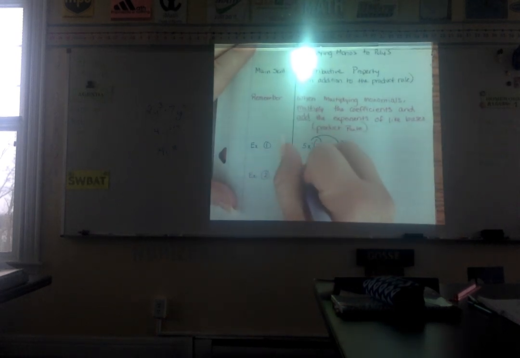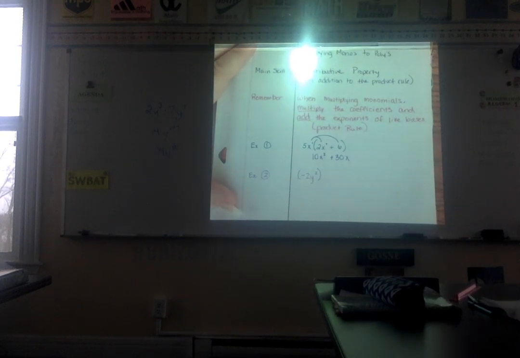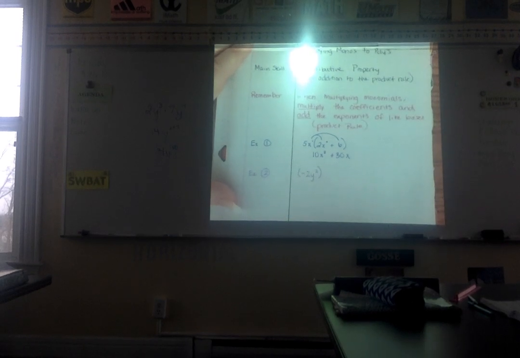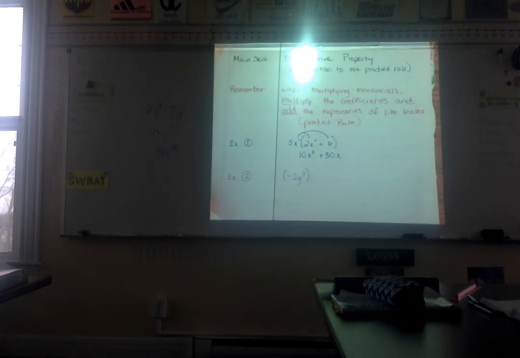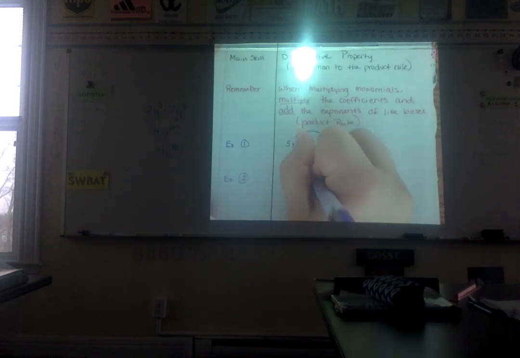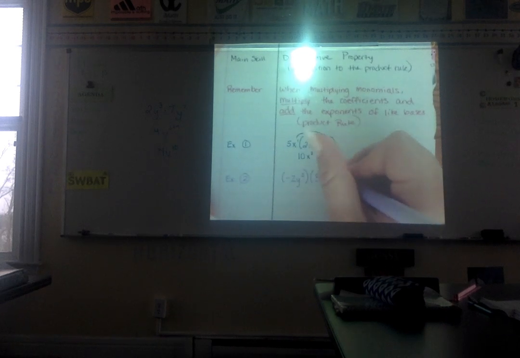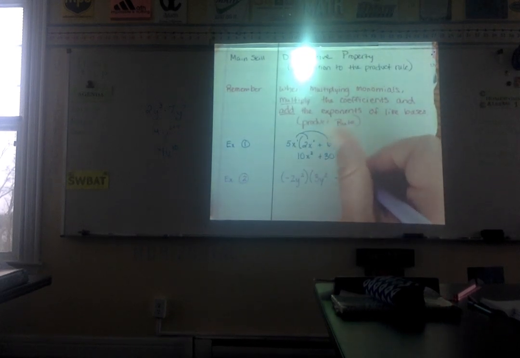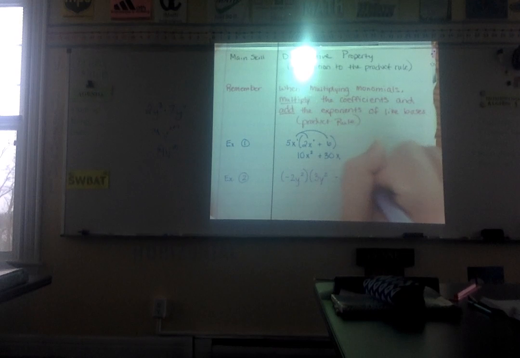The monomial is negative 2y squared, and we're going to multiply that by the following trinomial: 3y squared minus y plus 6.